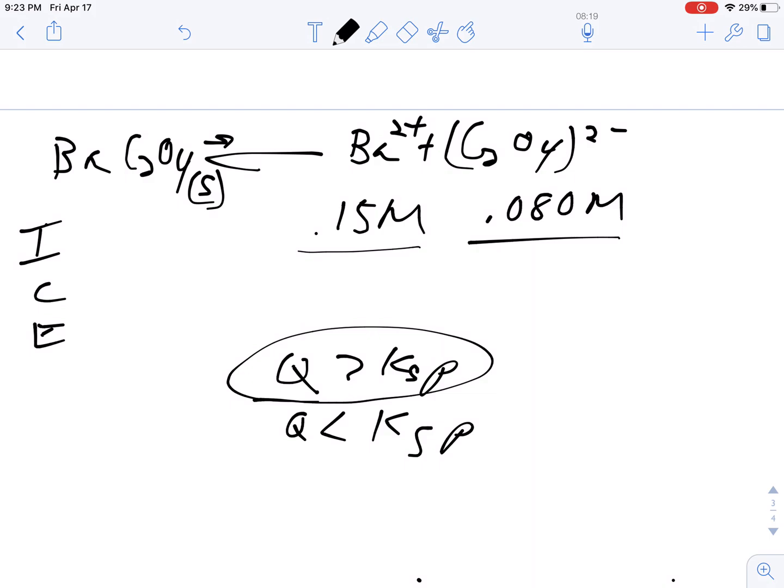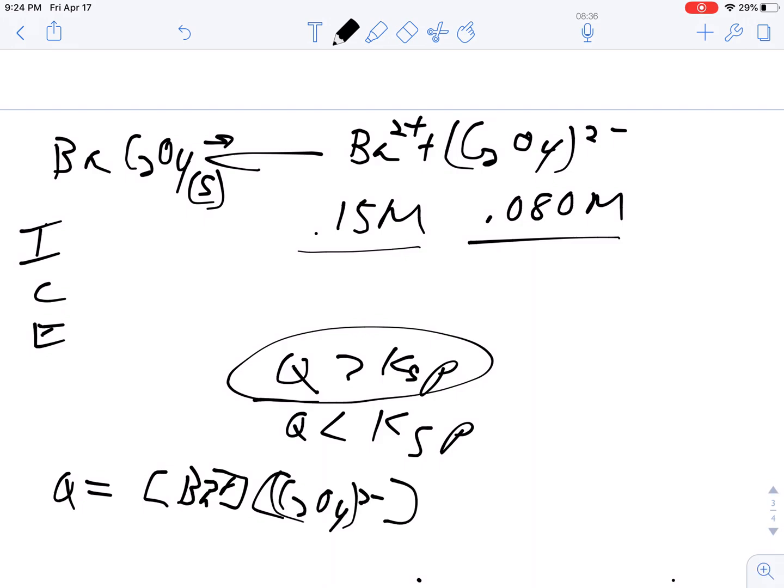Okay, well, you want me to calculate Q? Fine, I'll calculate Q. So Q is going to be the concentration of barium times the concentration of this.